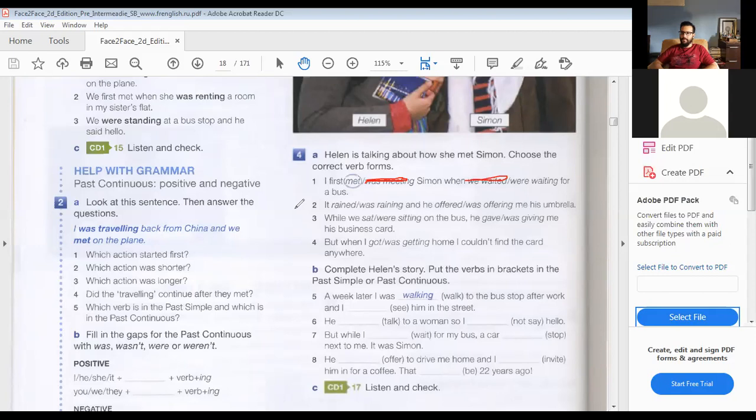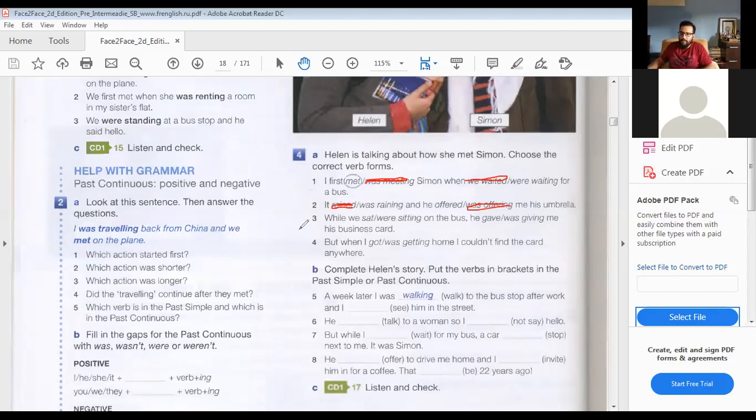It was raining. Okay. And he offered me his umbrella. That's right. So it was raining and he offered me his umbrella. Very good. So it's easier when you read the whole sentence, because then you can decide which action you think is the long action and which one is the short action.